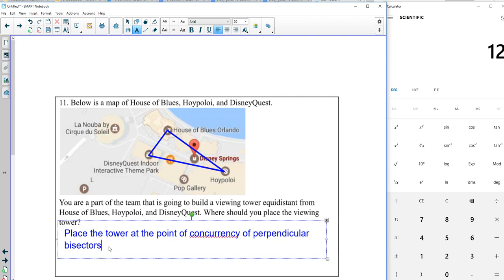So the place where all the perpendicular bisectors meet would be where they would place it.